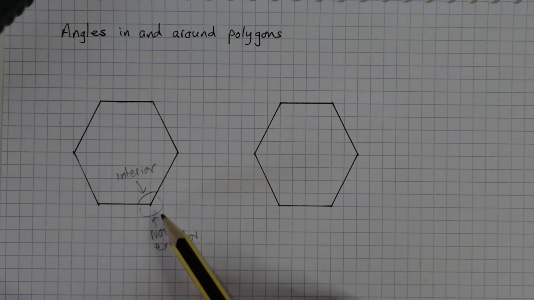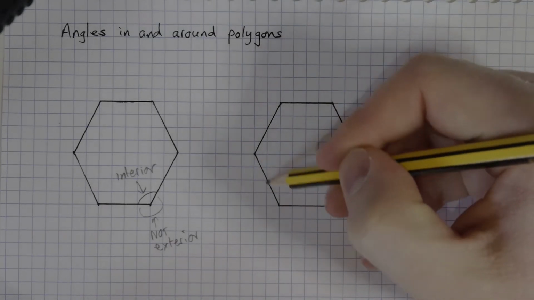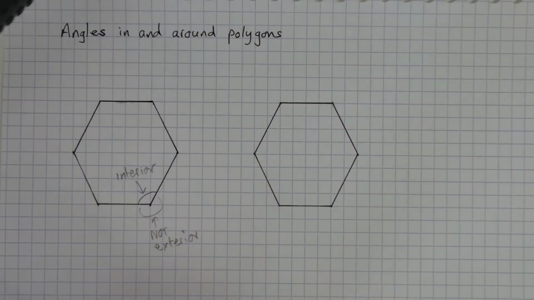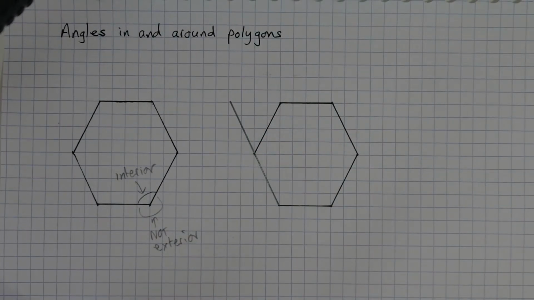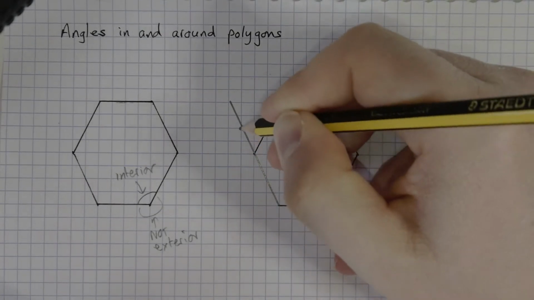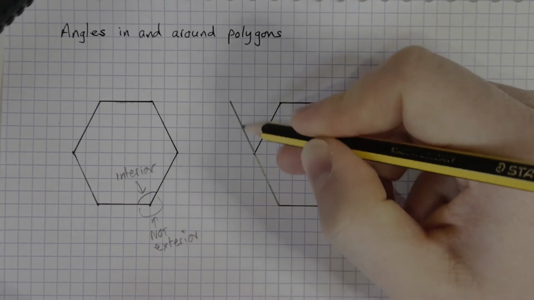So if the exterior angle is not there, where is it? What you need to do is take an edge and extend it. So for example, I might take this edge and extend this one in this direction. Like so. Notice how it's gone completely in the same direction as it was going before. It's just carried on in the same direction.